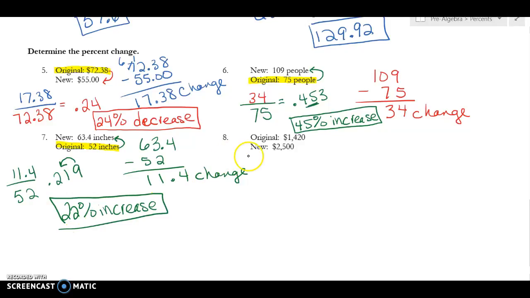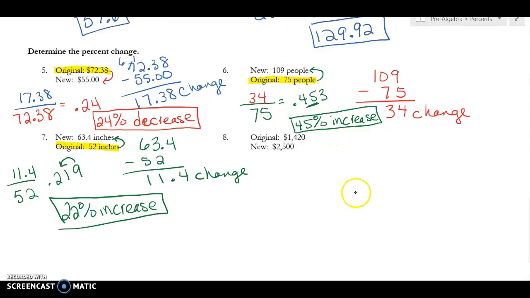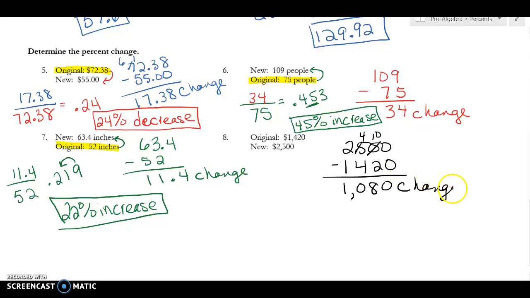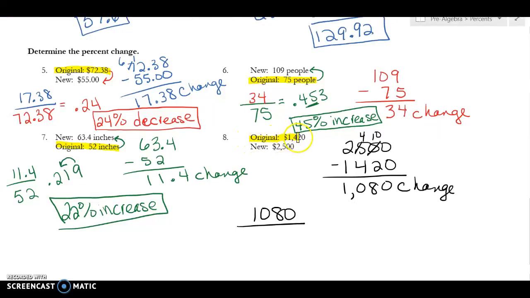All right, same thing over here. Let's change colors so they don't blend in. So the first thing I need to do is find my difference, find how much change happened. So I'm going to subtract. And so I get 1,080, that's my change. And so it's 1,080 divided by my original. And my original was 1420.